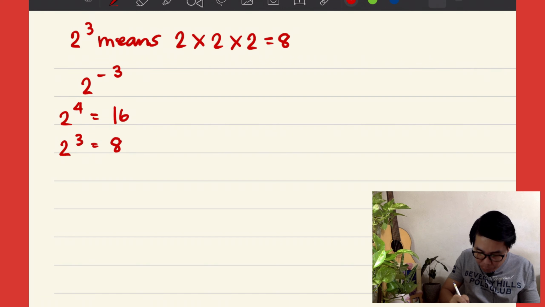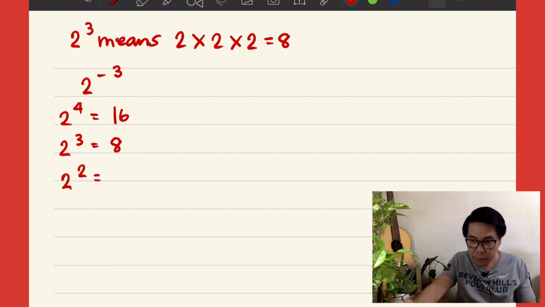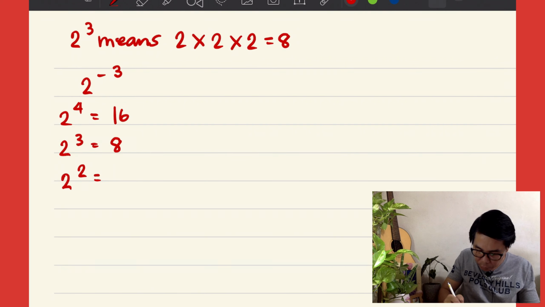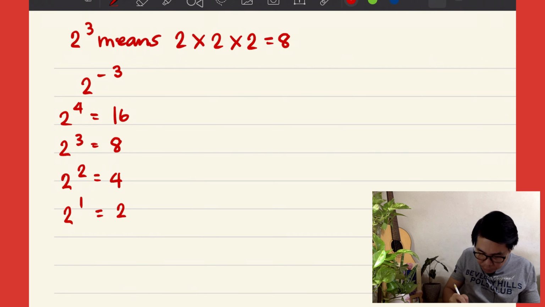If we have 2 raised to the power of 2, we get 2 times 2 is 4, and 2 raised to the power of 1 is equal to 2. And 2 raised to the 0 power is equal to 1.